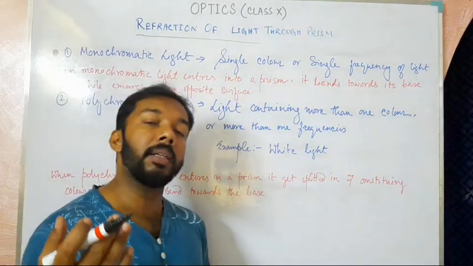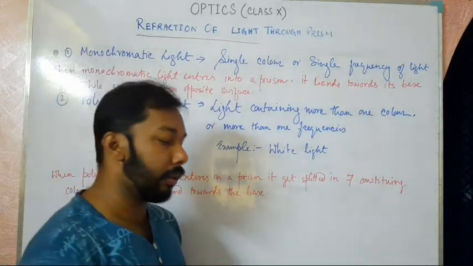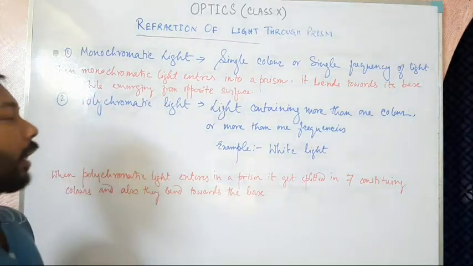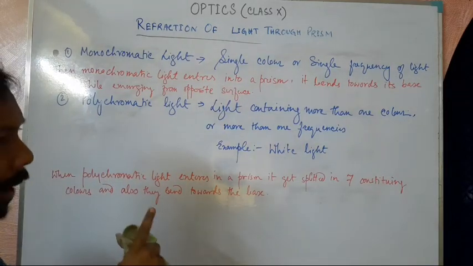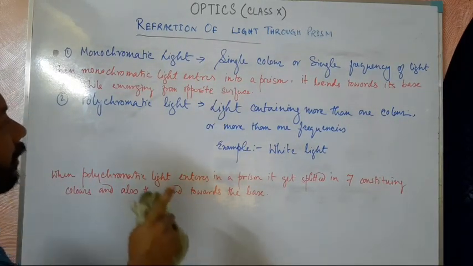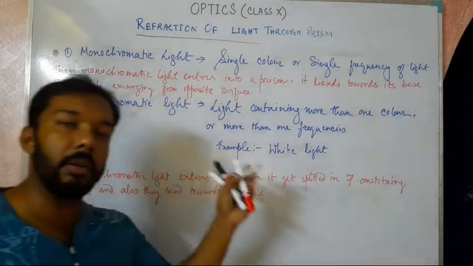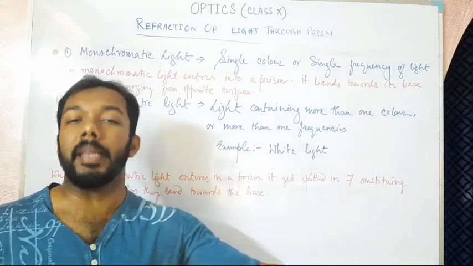We will discuss it later in the other topic. This dispersion is also included in our syllabus, so we will do it in the next class. Today we will learn what happens when monochromatic light enters into a prism. It gets refracted and ultimately it bends towards the base.